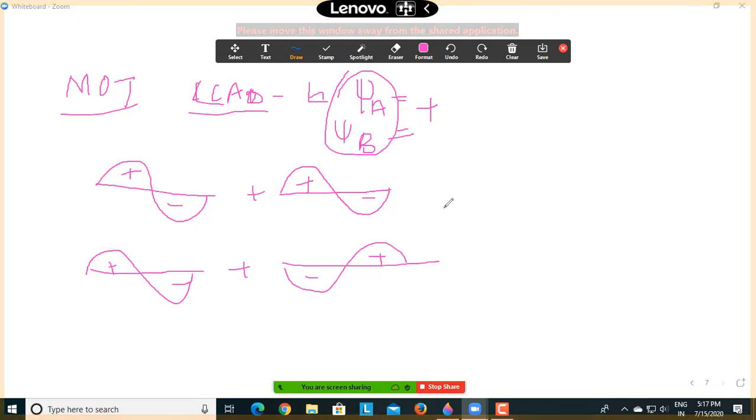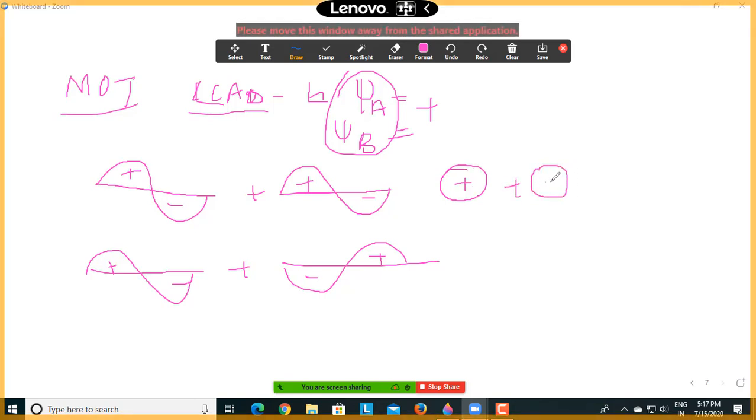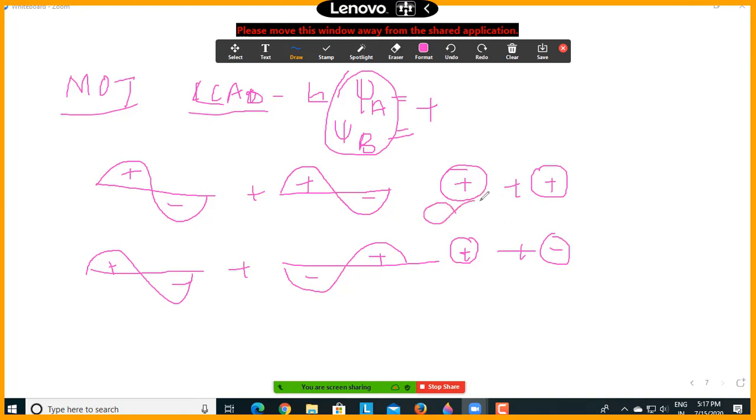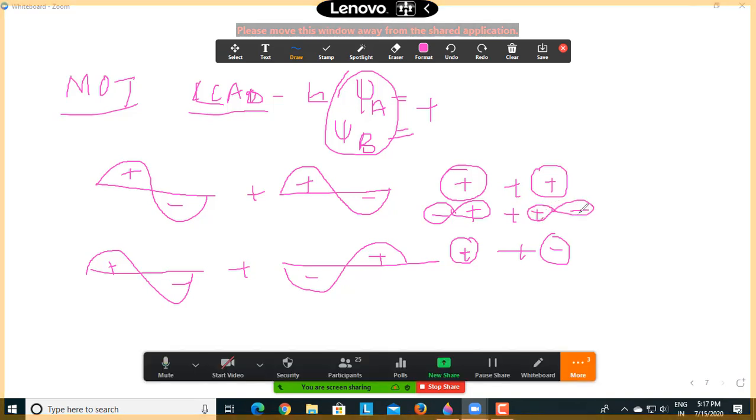So in valence bond theory, what is told? S orbital plus can mix with plus, and plus can mix with minus. Or if it is a p orbital like this, this side plus, this side minus, it can mix with this side plus and this side minus.